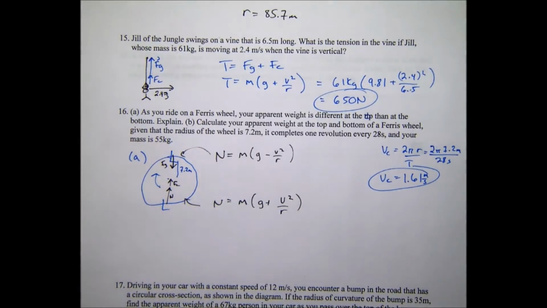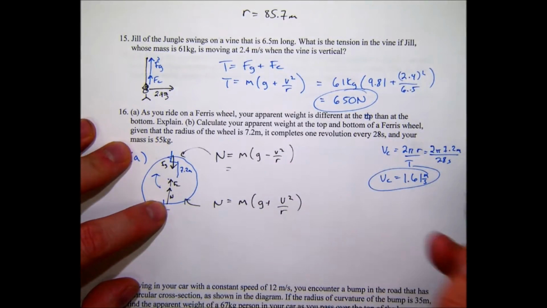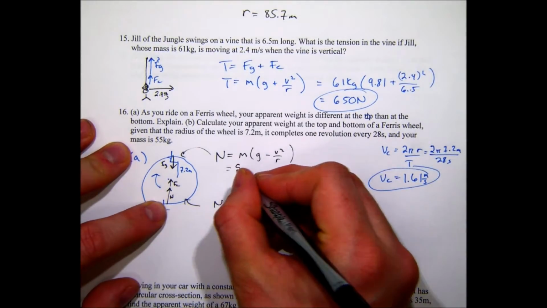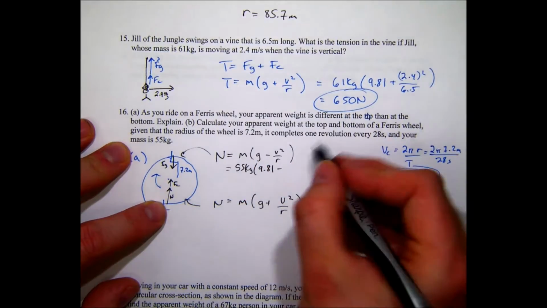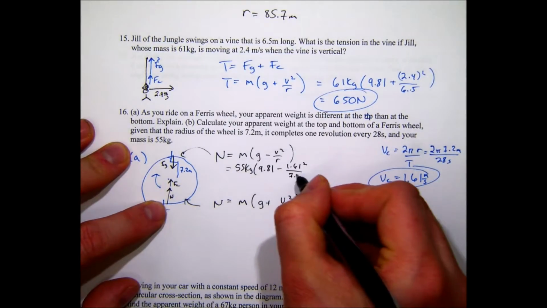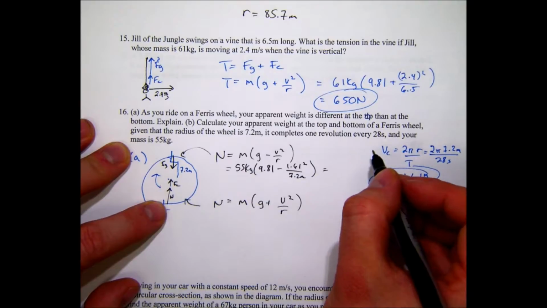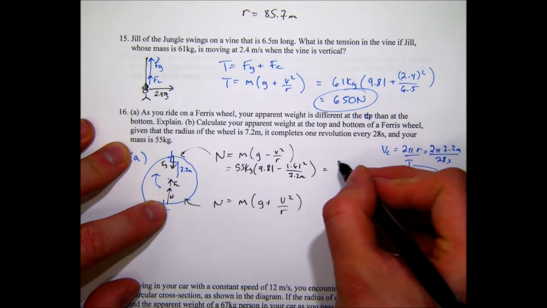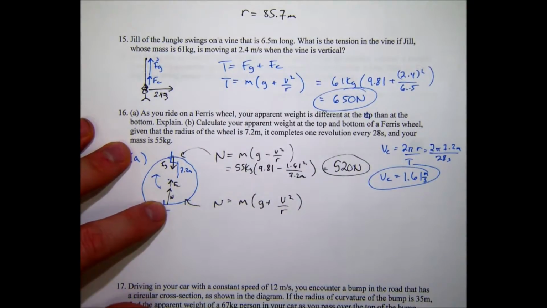So top and bottom. So the top is 55 kilograms, 9.81 minus 1.61 squared over 7.2 meters. So at the top of the Ferris wheel, the normal force experienced will be 520 newtons.